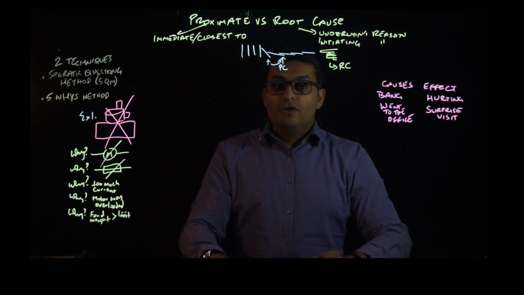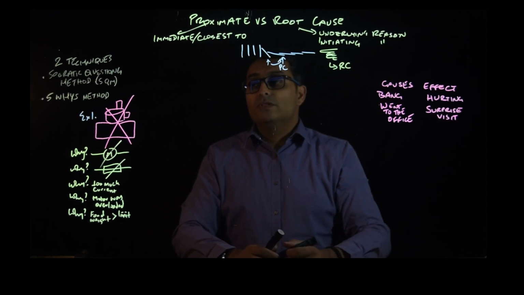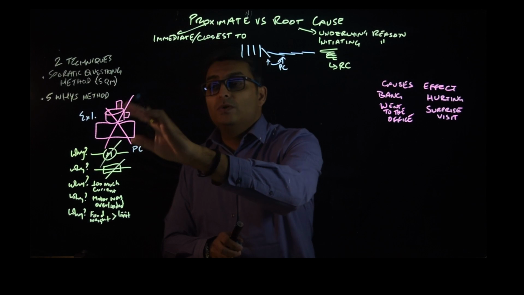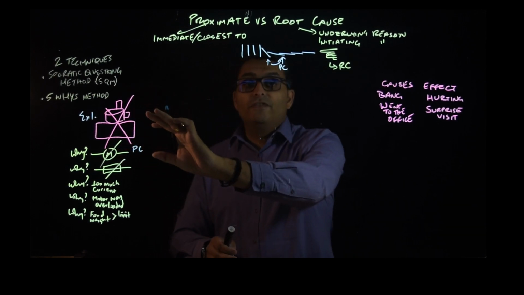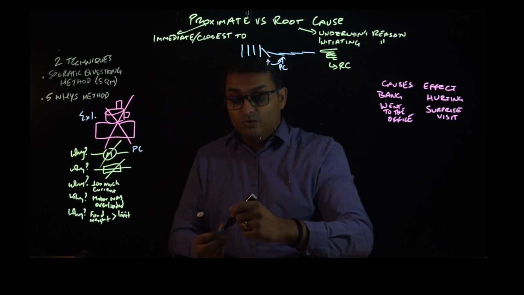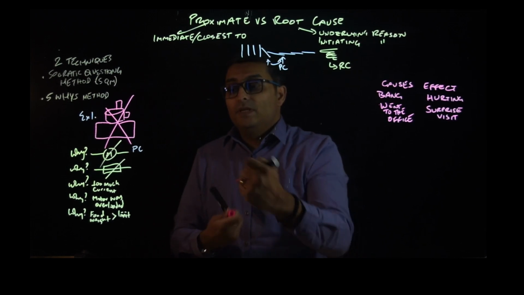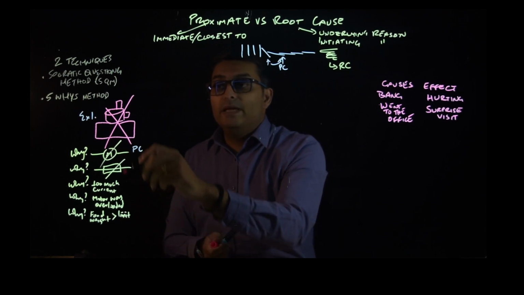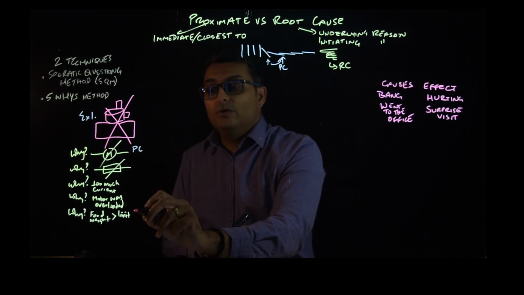Now, in terms of proximate versus root cause, the proximate cause is the first one here. It's the closest to the problem. Why did the food blender stop working? Because the motor stopped working. So that's the proximate cause. But the root cause is all the way down here. It's because the weight of the food was greater than the limit that the blender could hold.